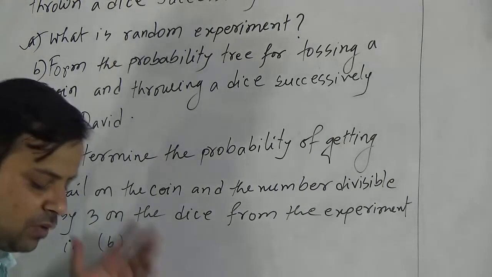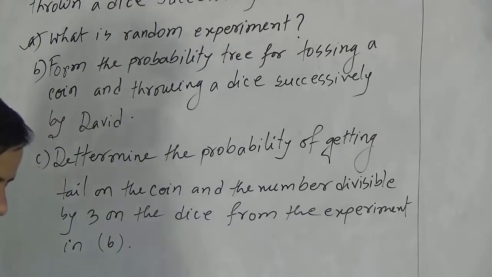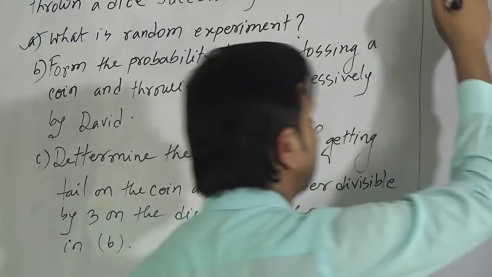Okay, dear students, now I will solve question B and C here. As I have told you, the solution of A you will get at page 326, so only B and C I will solve here.